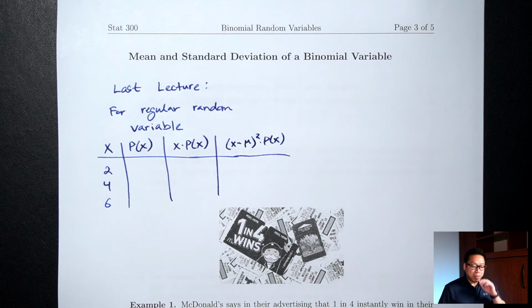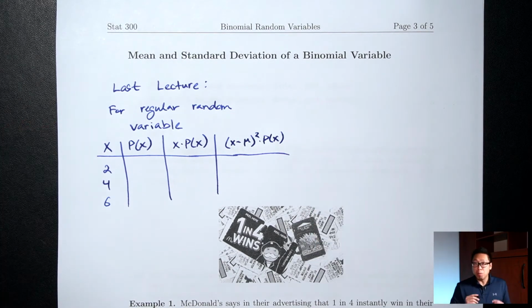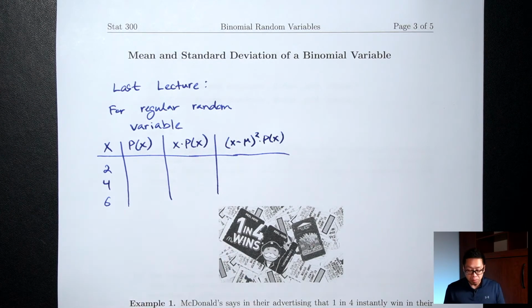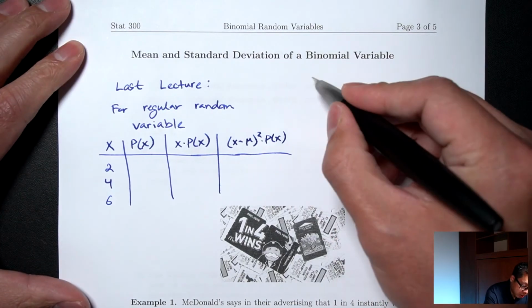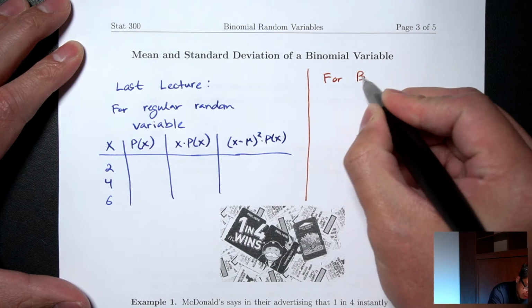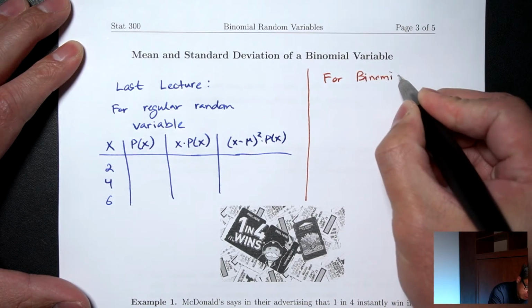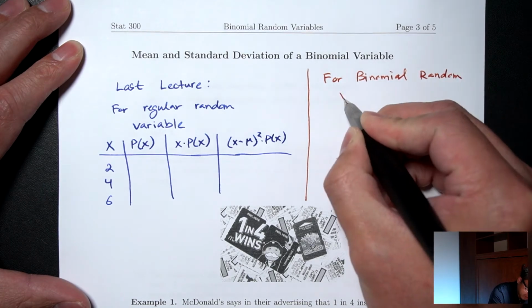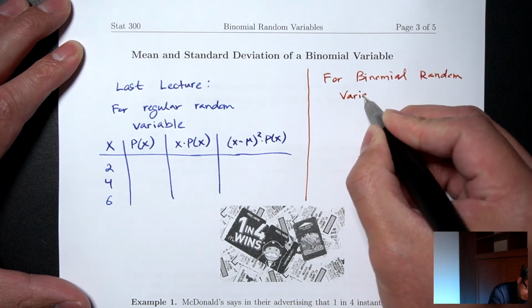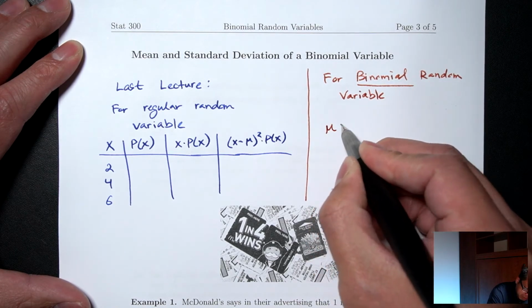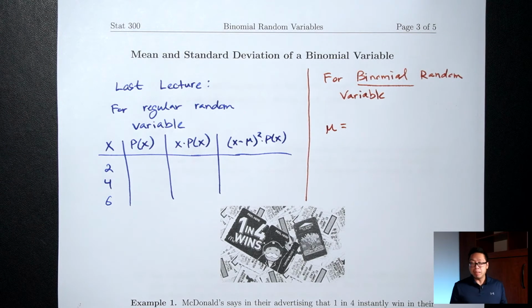So the good news is for binomial random variables, there are really nice formulas for the mean and standard deviation, where you don't have to make this table. So for binomial random variables, to find the mean, it's just going to be n times p.